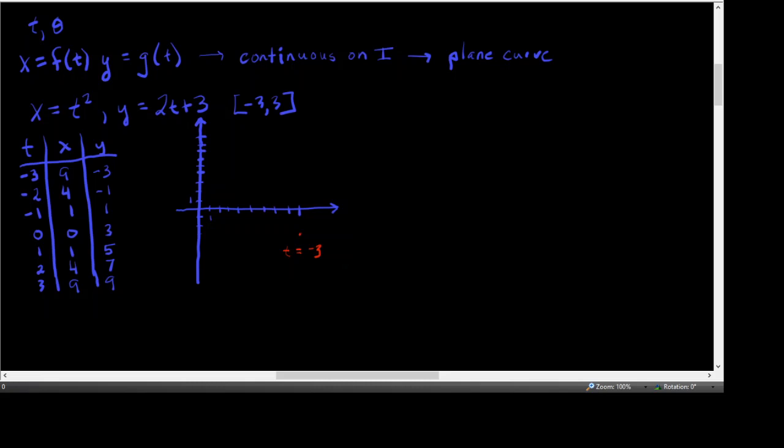All right, so a lot of times you'll want to label the point with the time it's there, because otherwise the t won't show up in the graph, because we're just graphing the x's and y's in the plane. All right, so the next point is at 4, -1, and it gets there at t equals -2. The next point is at 1, 1, and it gets there at t equals -1.